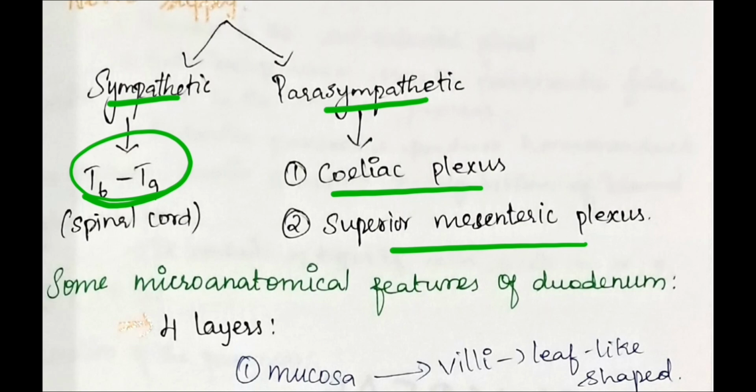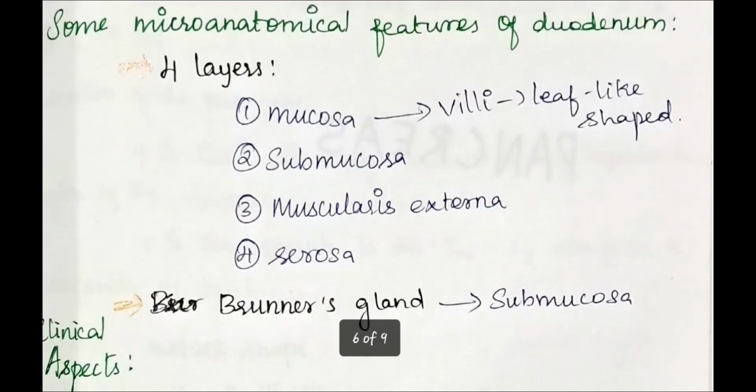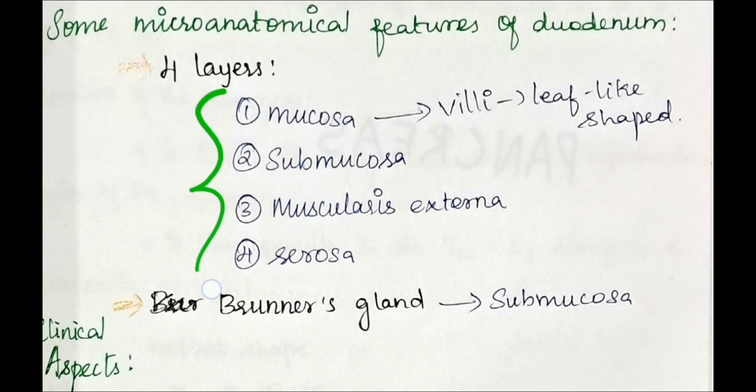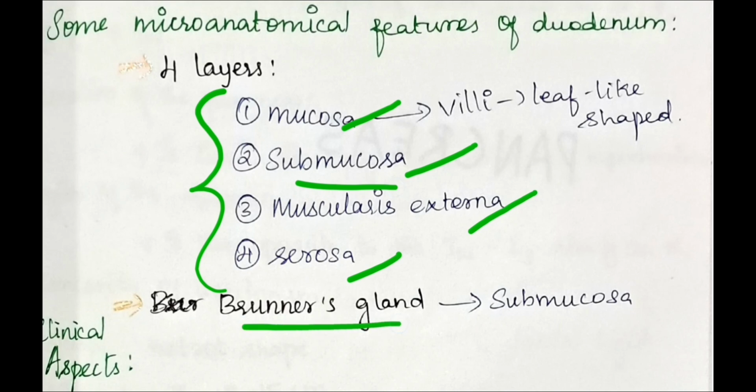These are the nerve supply of the duodenum. So coming to the microanatomical structure, which is the microscopic structure of the duodenum. Normally the duodenum consists of four layers: mucosa, submucosa, muscularis externa and serosa. In the submucosa, Brunner's glands will be present. In the mucosa, villi will be present, which are leaf-like in shape.